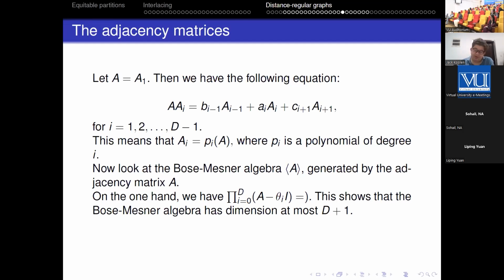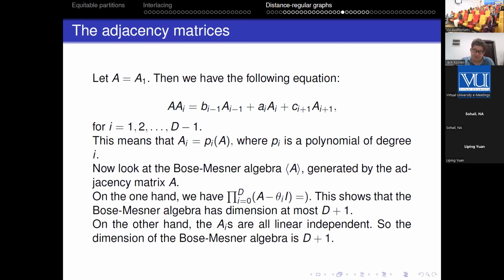This means that the dimension is at most D plus 1. Did I not make a mistake here? This is D. Oh, this is D plus 1. Yes, so this is a polynomial of degree D plus 1 that vanishes. And this shows that the Bose-Mesner algebra has dimension at most D plus 1. And clearly, the A_i are all linearly independent, yes?